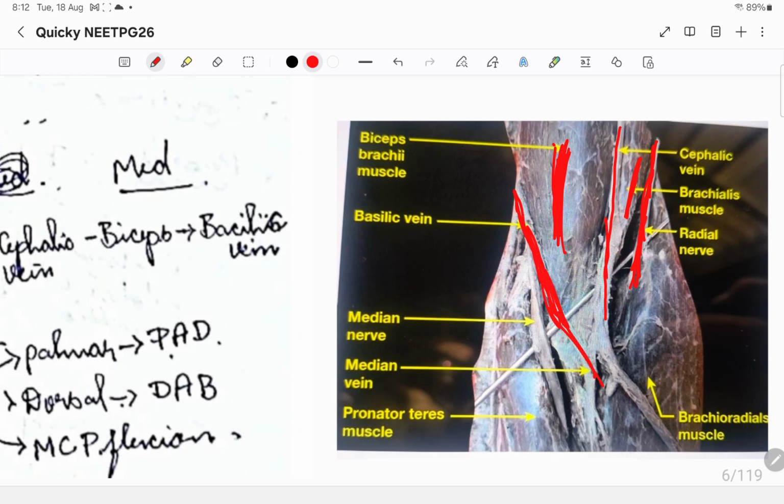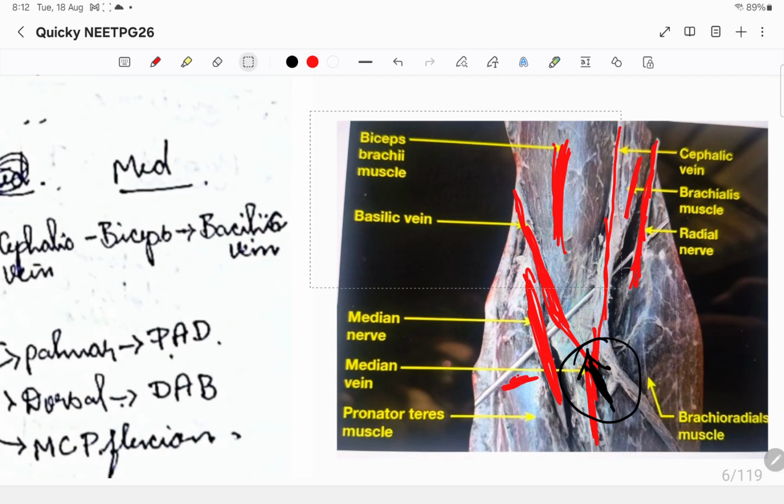The basilic vein and the cephalic vein together form the median vein. From here is where in internship we used to take venous samples, right? Here is where we used to pierce it, and next to the basilic vein is the median nerve. Next to that is the pronator muscle.